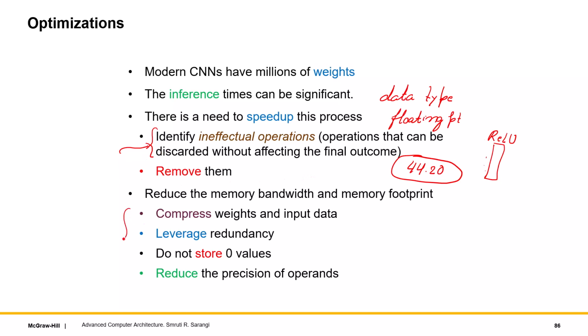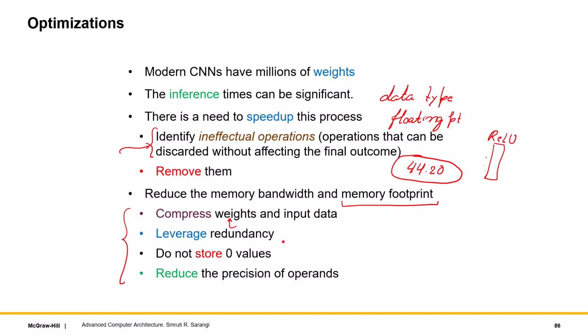The net result is that the memory footprint, which means the amount of memory that your model is occupying, and the bandwidth, which is the total amount of data transferred between the caches and the CPU, also have to reduce. So the weights, as I said, can be compressed. I gave one idea where you use fixed point.